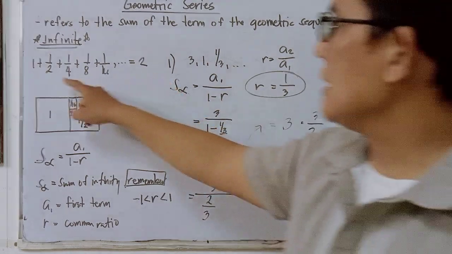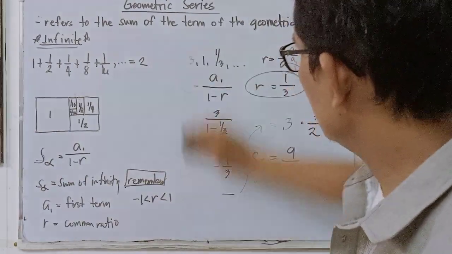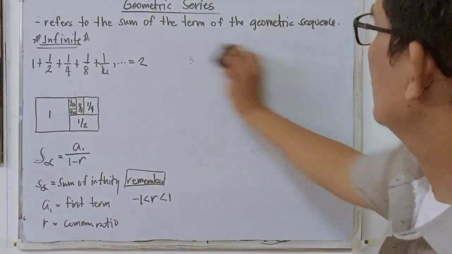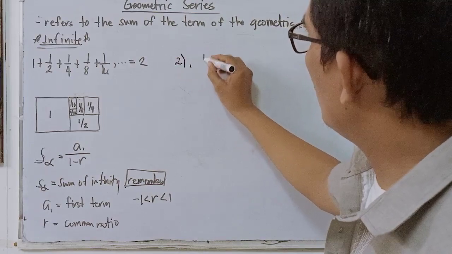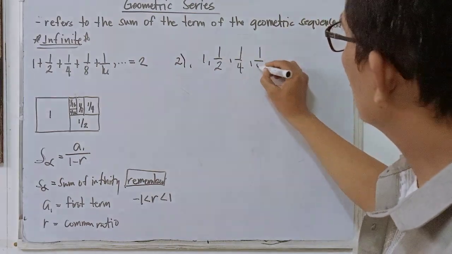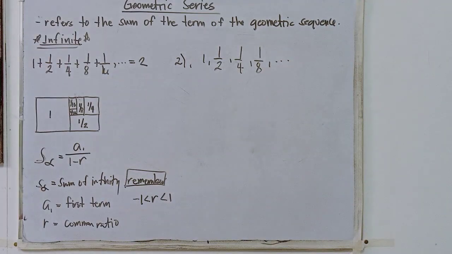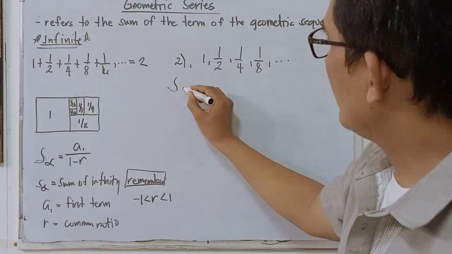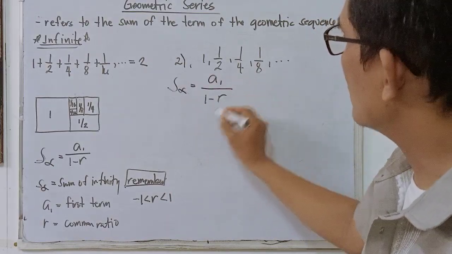How about this one? Let us try to solve this one if we can get 2. So what is the sum of 1, 1/2, 1/4, 1/8, and so on? We can include 1 over 16. So the sum of infinity is equal to a sub 1 over 1 minus r.